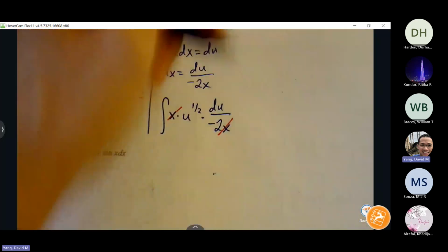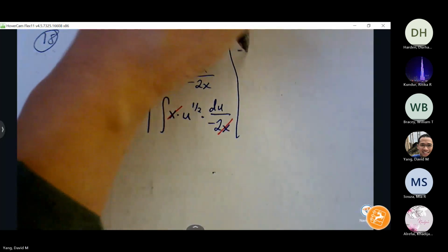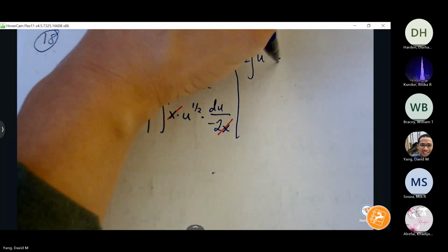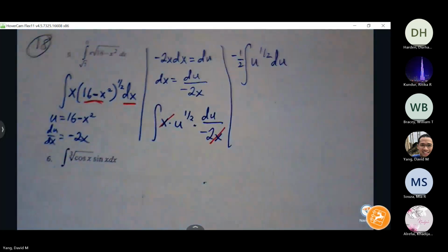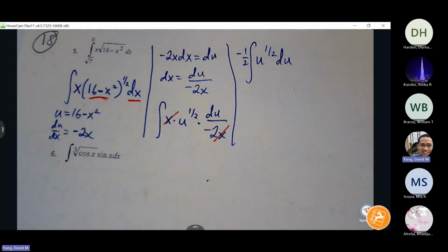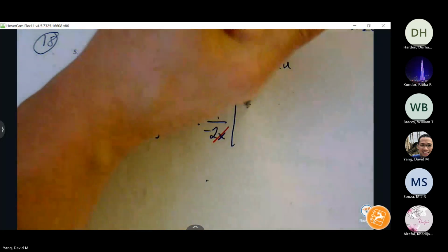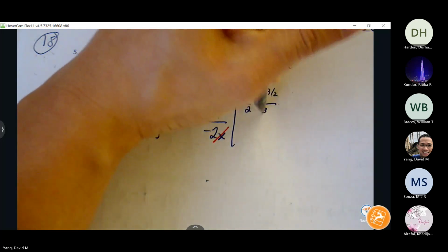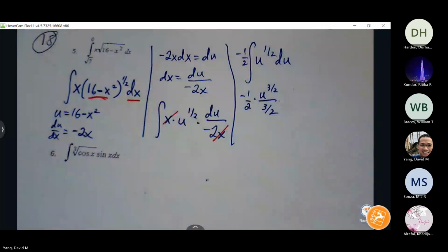We can push one out in front. Okay, ready for power rule, right? Okay, let's clean up our fraction here.